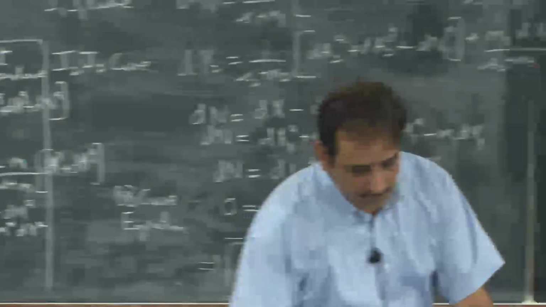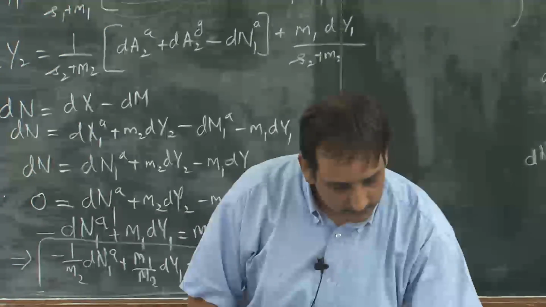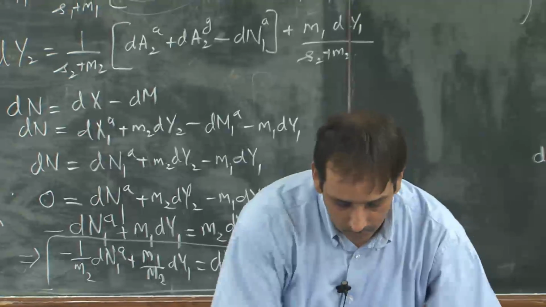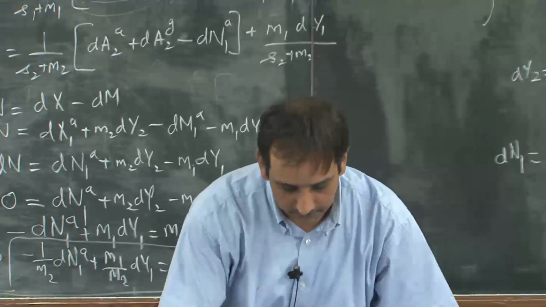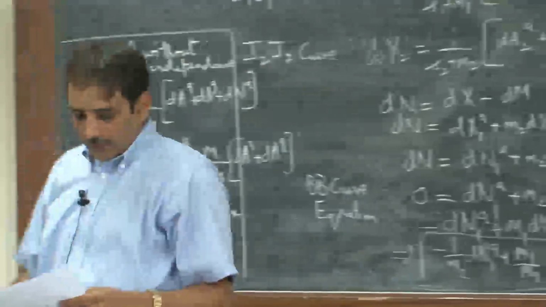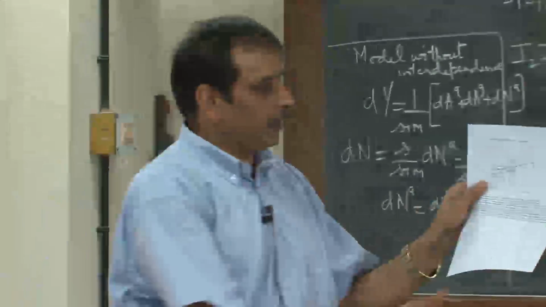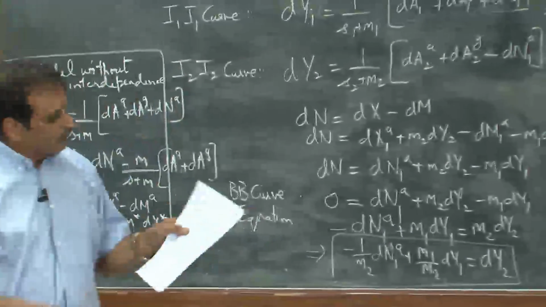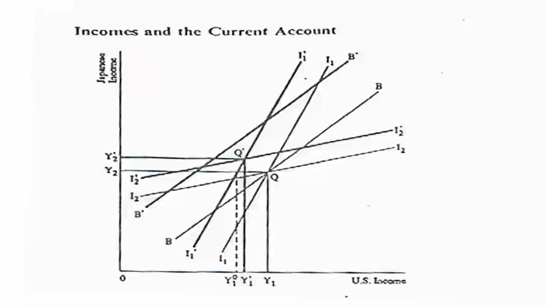Now look at the other handout, which is page 342 of Peter B. Kenen's book. It seems that it's a complicated diagram, but if you are clear on what the I1, I1 curve's equation, the I2, I2 curve's equation, and the BB curve's equation are, you will not have any difficulty in understanding the diagrams.